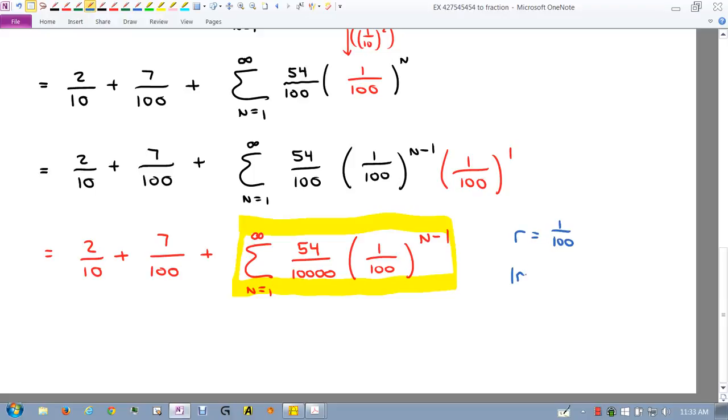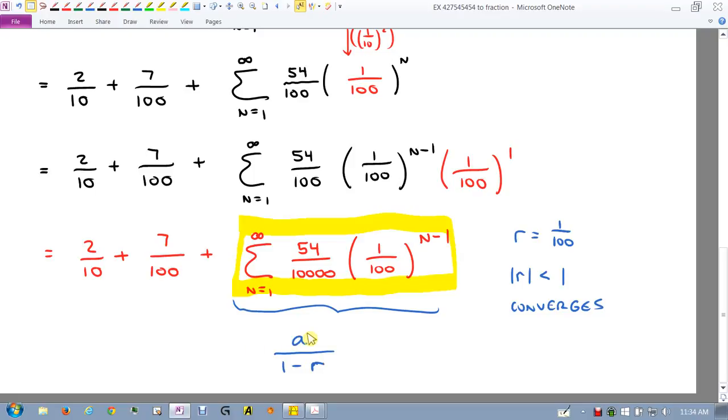The absolute value of R is obviously less than 1, isn't it? That means it converges. In fact, because it's a geometric series and because R is less than 1, we actually know what it converges to. What is this yellow thing turn into? A over 1 minus R, right? That's what it turns into?